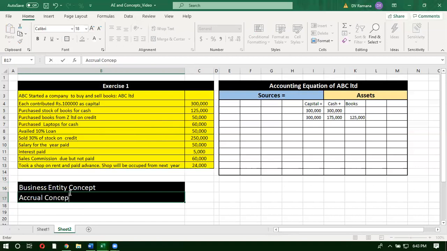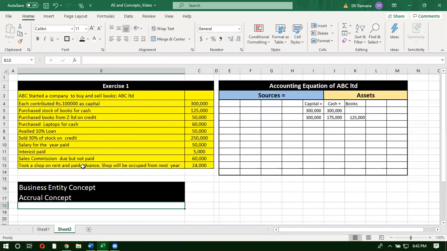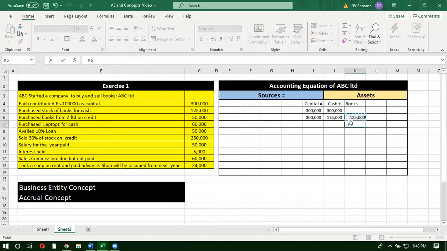The accrual concept says that the transaction should be recorded as and when the transaction happens, independent of whether the cash is received or paid later. So therefore, the business acquires some more stock of books. So the books increase to the extent of 50,000.